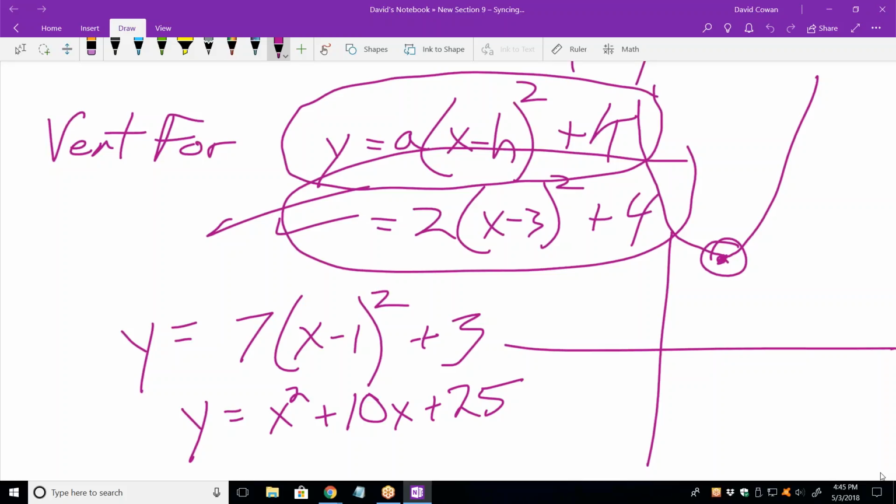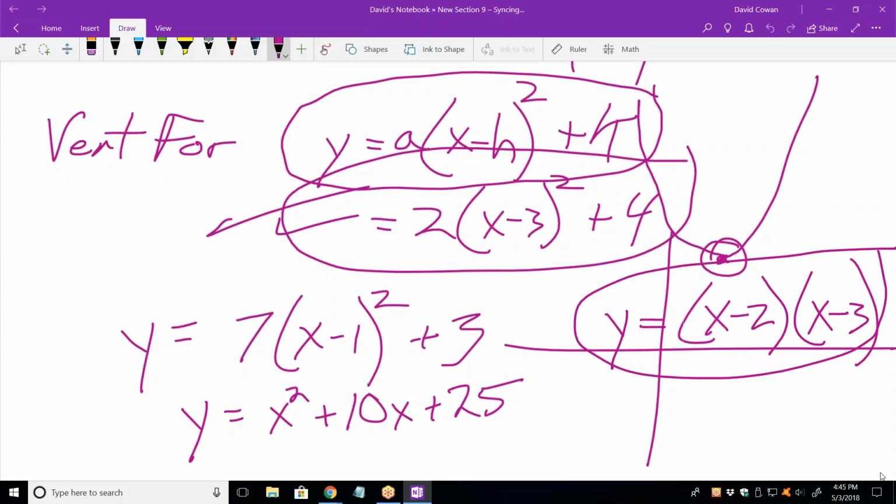In other words, X-intercept format looks kind of like this. X minus 2 times X minus 3. If I had that, that's X-intercept format, and I know where my X-intercepts are. And you also know that the X coordinate of the vertex is always halfway in between.